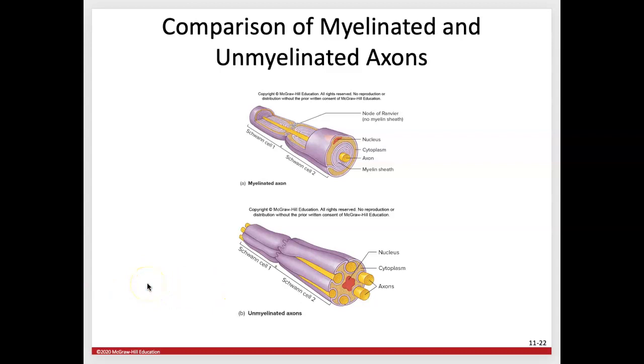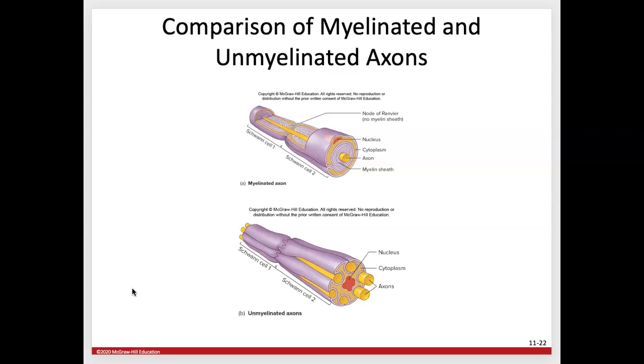I usually refer to axons as either myelinated or unmyelinated. It either has myelination or it doesn't. I know the book says there's some myelination there, but it's a lot thinner. It's easier to remember that one is myelinated, one is not, and the one that is myelinated is referred to as white matter. It's better insulated.